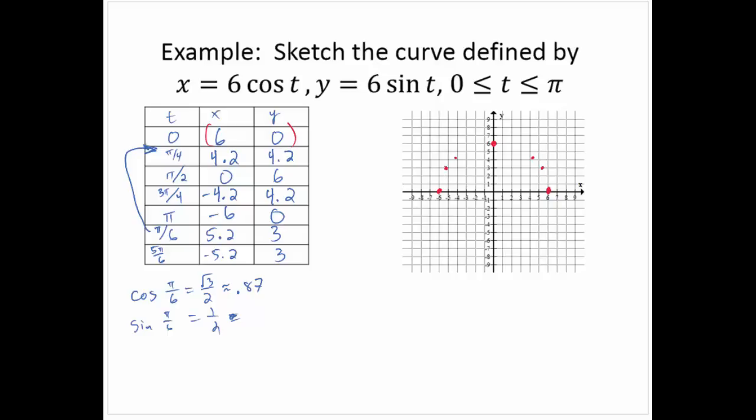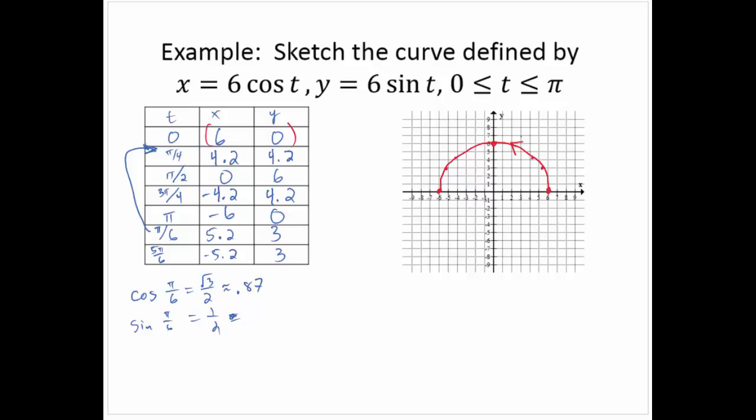And so if I look at those points, and we could find more points using other special angles, it sure does look circular in nature. And so in fact, we get this semicircle, and in this direction.